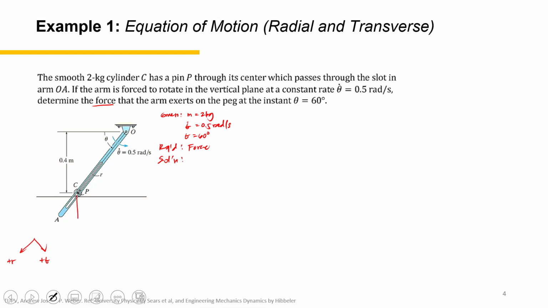For our free body diagram, this is the weight, and since there is a surface that acts on the cylinder C, we have a normal force, and let's label that N sub G, the normal force exerted by the ground.